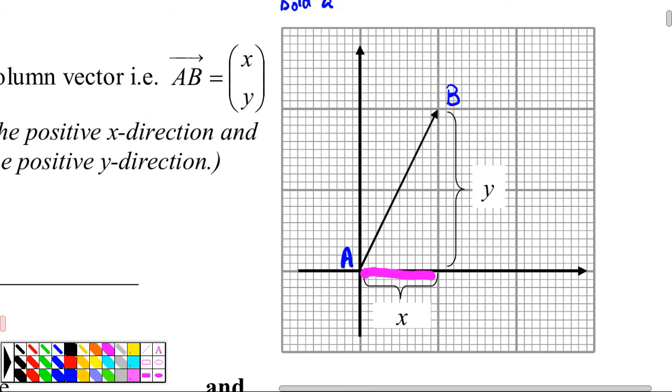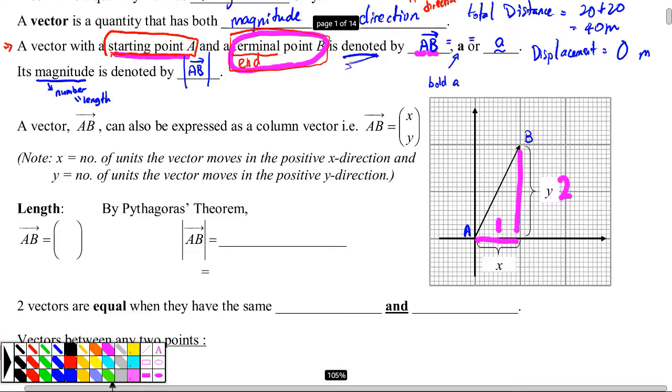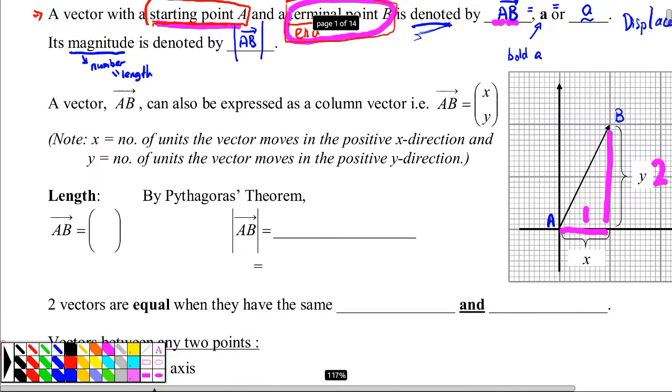Let's start with horizontal. How many units? 1. The vertical, how many units do I have? 2. So if I look at a vector, how I write the vector will be 1 and 2.